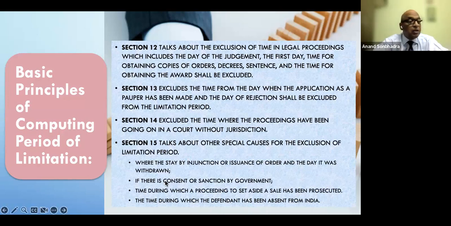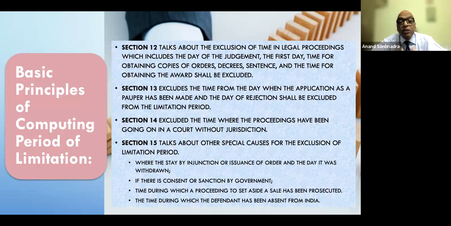Moving on, section 15 talks about other special causes for the exclusion of the limitation period. One, where there is a stay by injunction or issuance of an order, until the day it was withdrawn. So the period during which the stay or the injunction was given by the court, or a specific order, that period will be excluded from limitation.